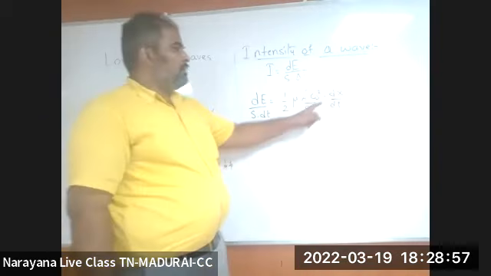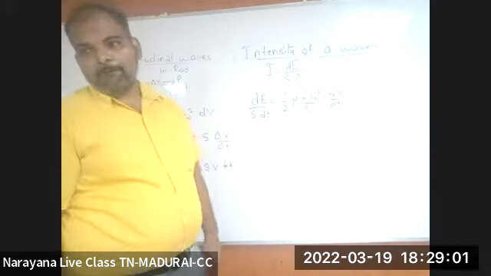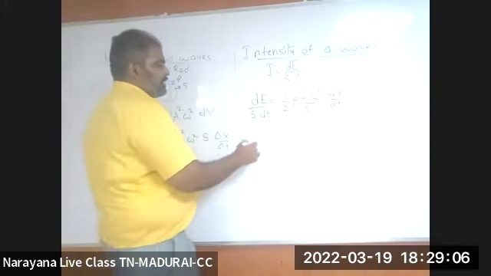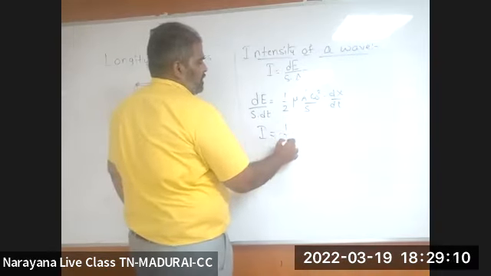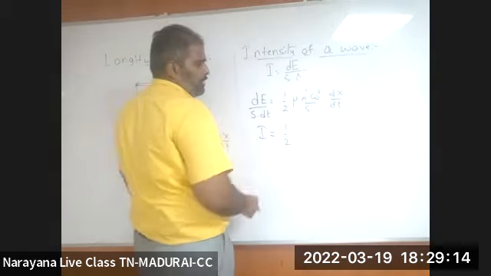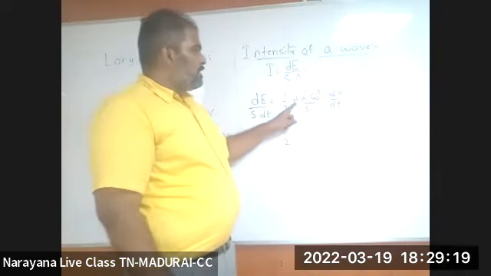Tell me, what is the distance traveled by the wave in dt seconds called? Very good. Velocity of the wave, or speed of the wave. So I can write the intensity of the transverse wave as half into what is this, mu by area? What is mu by s?